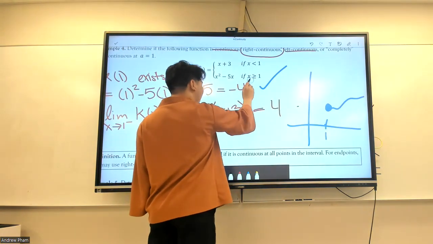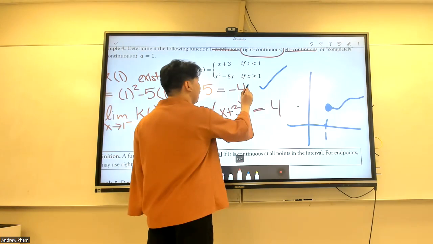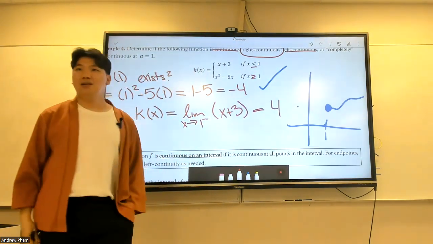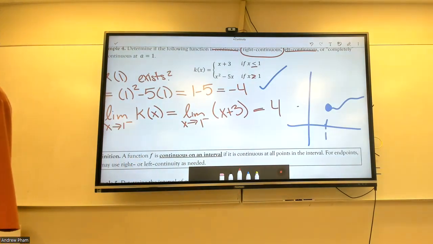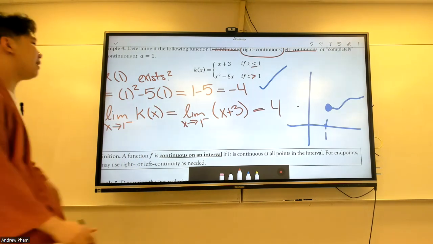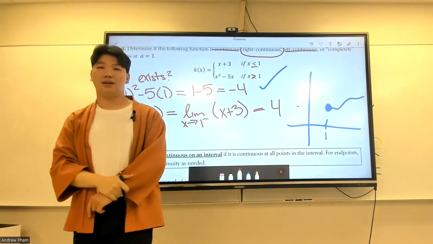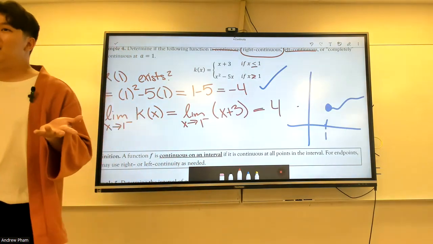If I had this instead, what if instead I had greater than, and then this was less than or equal to? Do you think I would be right continuous or left continuous or what? Like, let's say that this one on top did not have the equal sign. It would be left continuous.